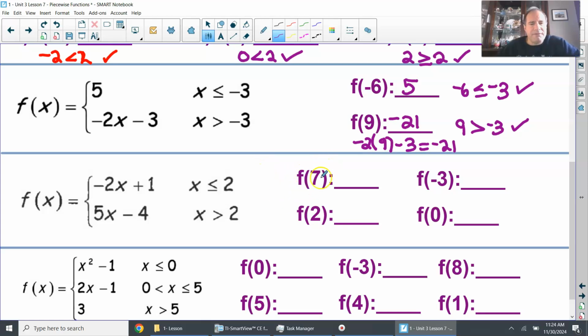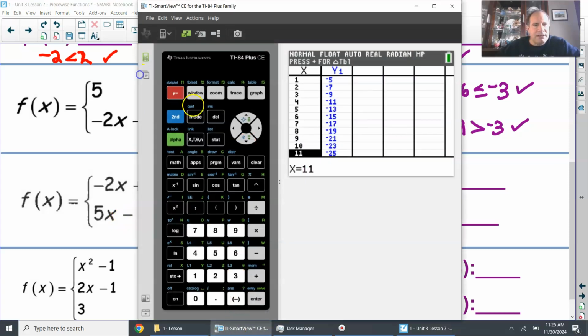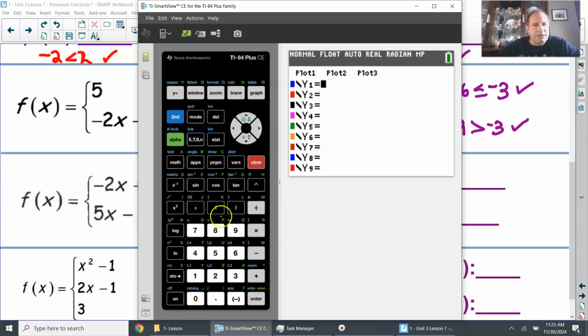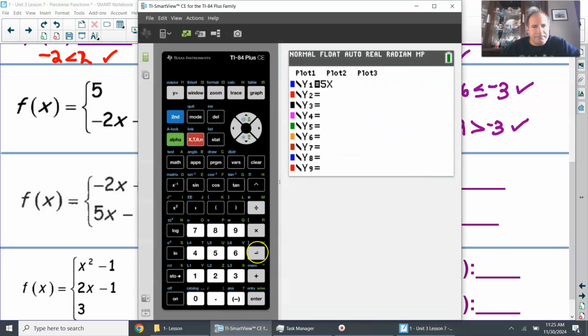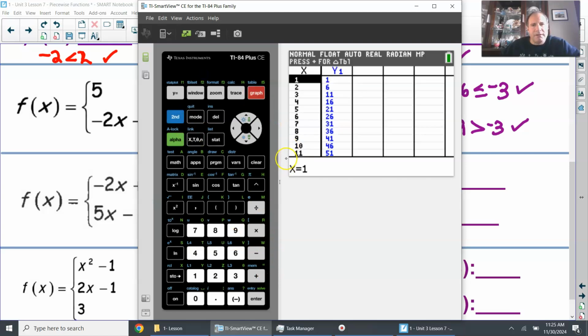All right, so f of 7, which domain does that fit in? Well, 7 is greater than 2. So you're going to use this one. So 5 times 7 minus 4. I'm just going to go ahead and put that directly in because I don't trust myself. So this is 5x minus 4. And I'm going to press second function graph.